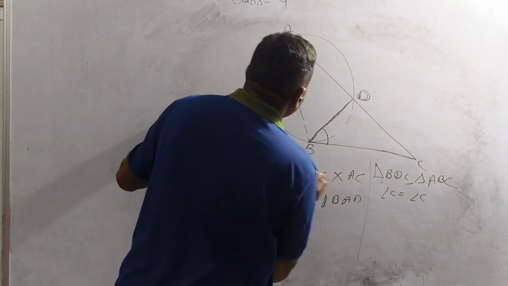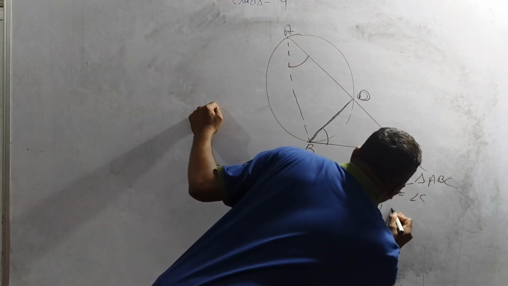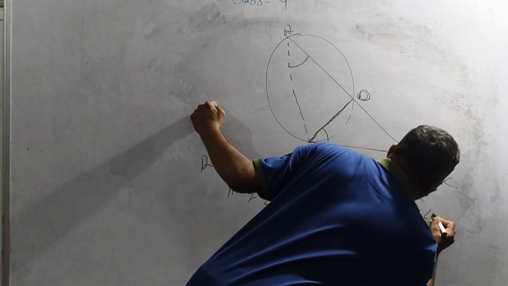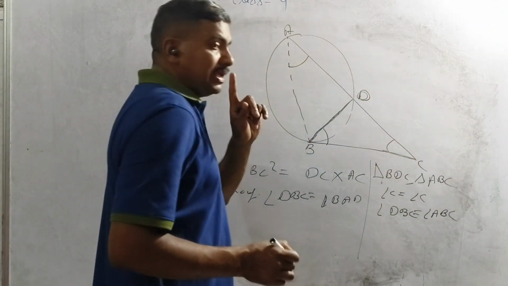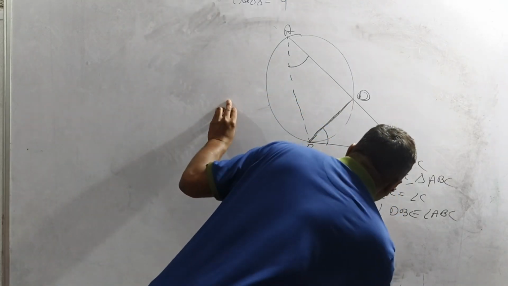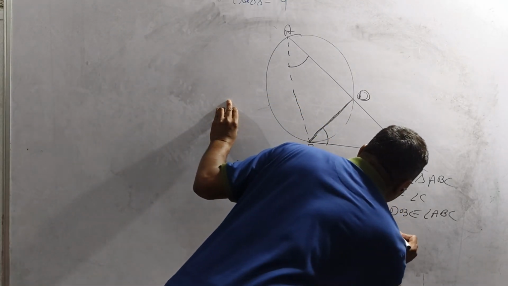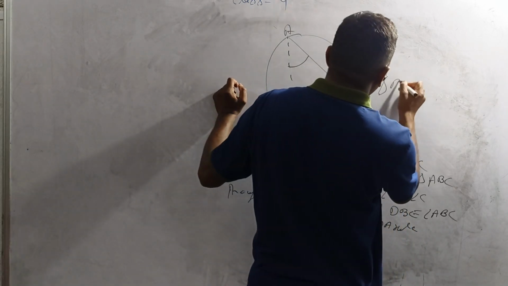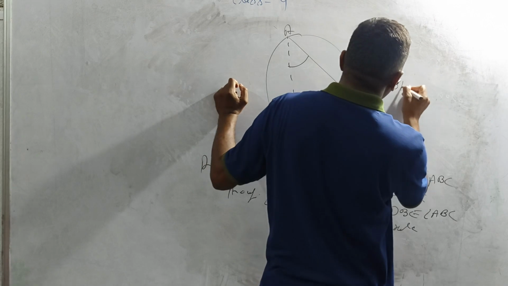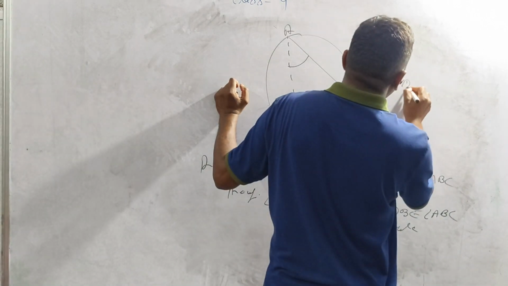Angle DBC is equal to angle BAC. By the AA rule, this triangle BDC, you can write BDC.